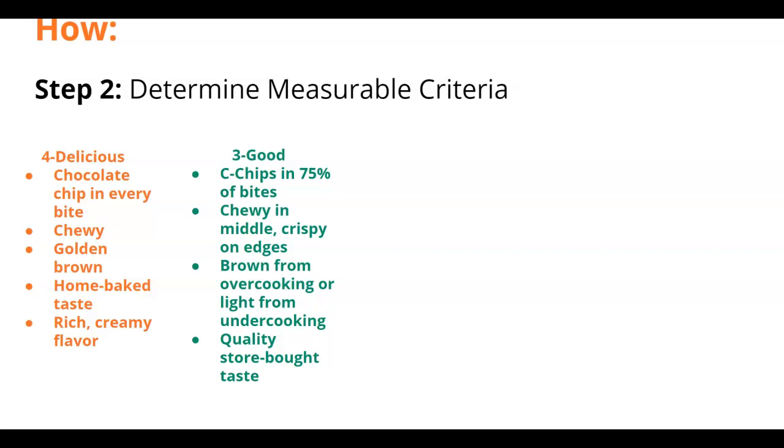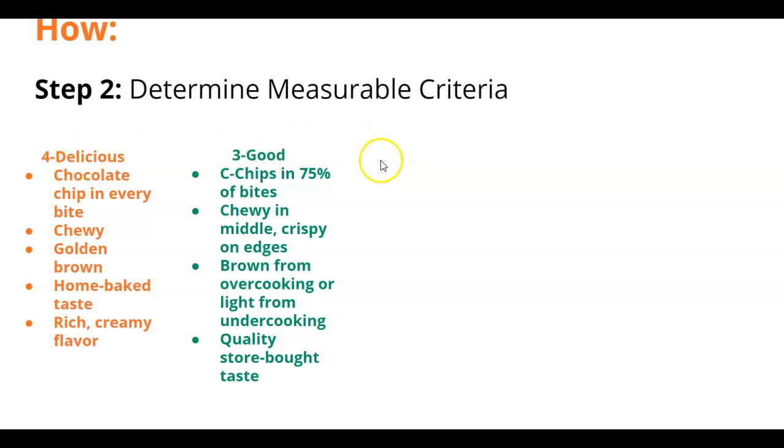It might be brown from overcooking or light from undercooking. And the taste might be a quality taste, but more of a store-bought type of taste. So you see, I'm providing various performance descriptors to allow students to understand the difference in each criteria between a delicious cookie and a good cookie.